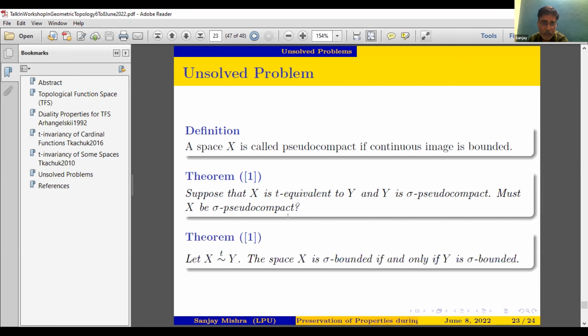The second problem is: if X and Y are T-equivalent, and if X is sigma bounded, then is Y sigma bounded?